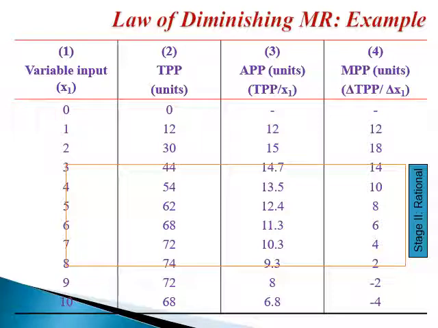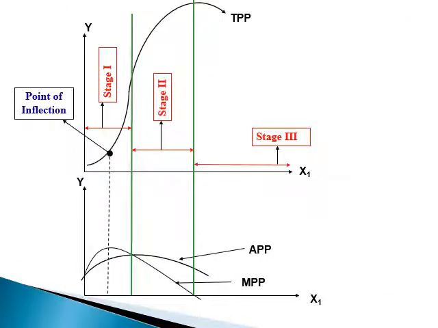It depends on the unit price of the variable input, which is P of x1, and the unit price of output, which is P of y. And this is what we will see right now. This is the shape of the production function and the average physical product of the variable input and the marginal physical product of the variable input.